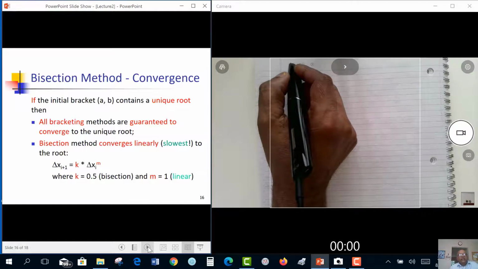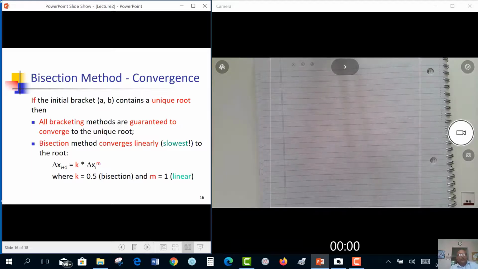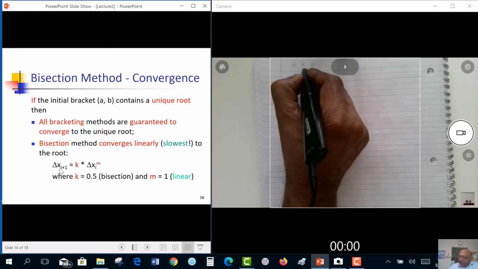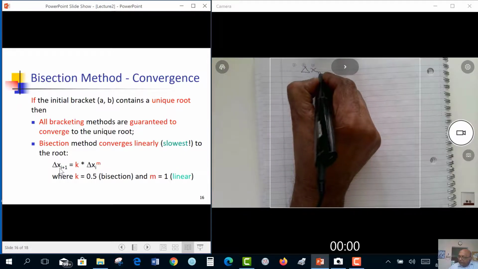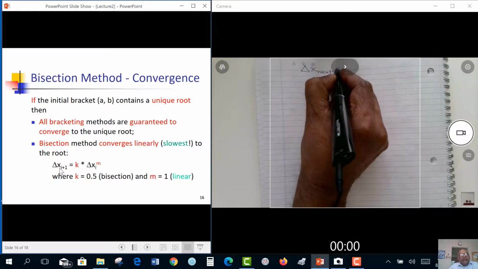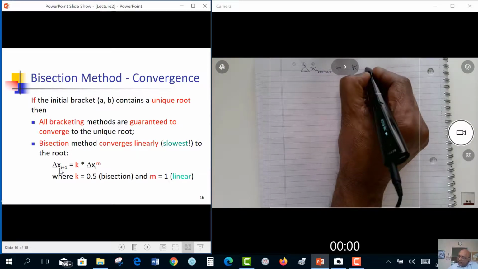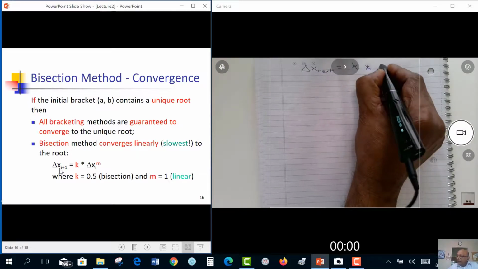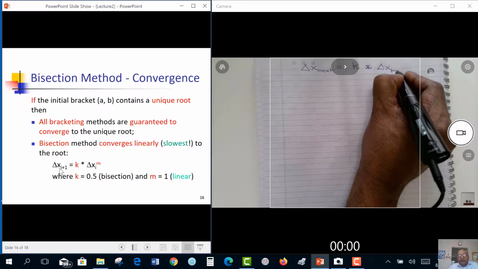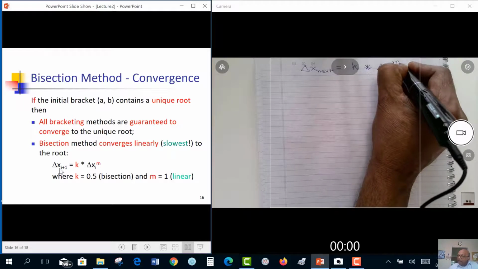The bisection method converges linearly, and it's the slowest of the methods. So how do we decide about this? It turns out that we can say our next delta is basically some constant times the previous delta to some power m.